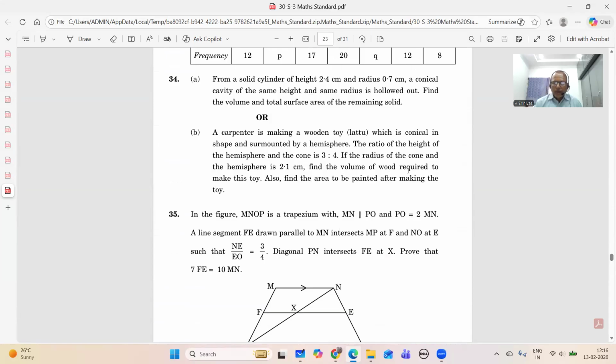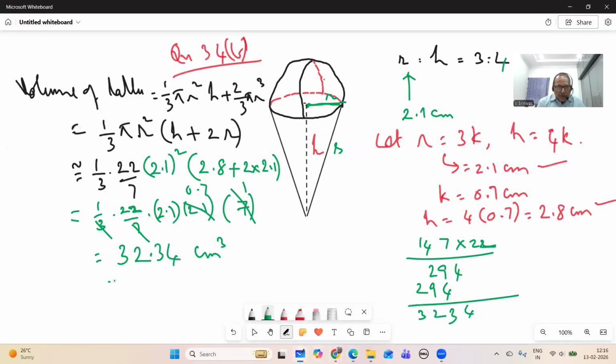Find the volume of the wood required to make the toy. So the volume of cone and hemisphere gives us the volume of the wood required for making the toy.